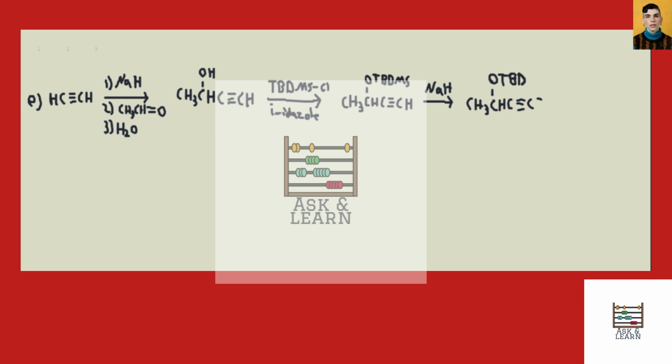And to add our last 2 carbons and the terminal alcohol that we need, what we can do is open an epoxide with this acetylide nucleophile that we've made. So we'll use oxirane and work it up with water. And so that is going to get us to here.